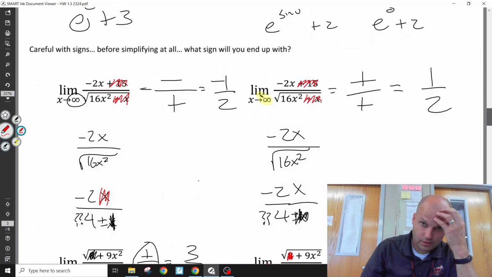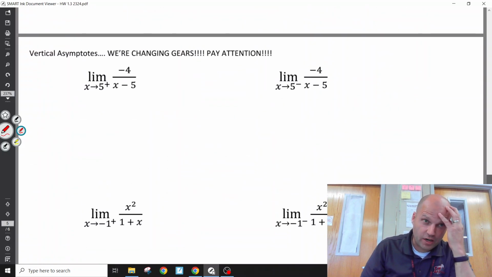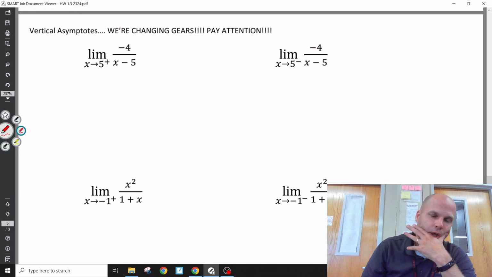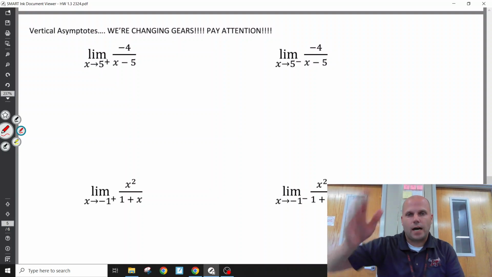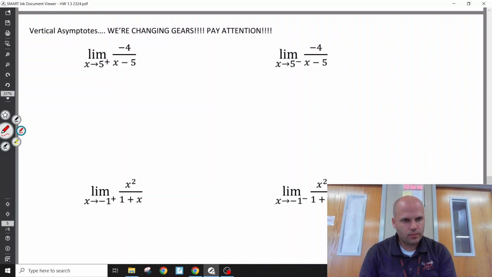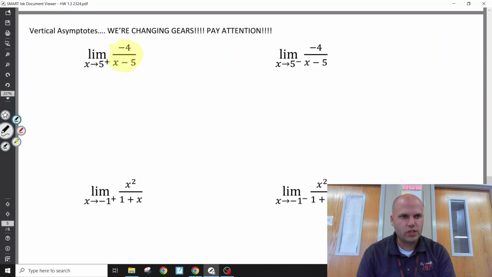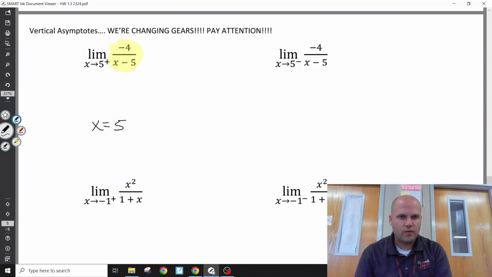Cool. 2 more pages. Shifting our gears over to vertical asymptotes. On your continuity quiz, if I asked you, hey, examine the continuity of that function, you would say, oh, the denominator equals 0 at x equals 5. If I plugged in 5, I'd get negative 4 over 0, which is why this is a non-removable infinite discontinuity.